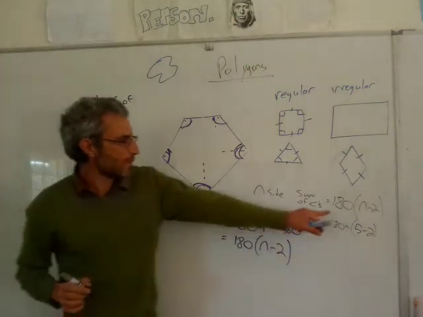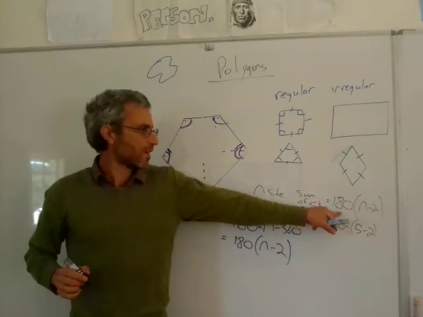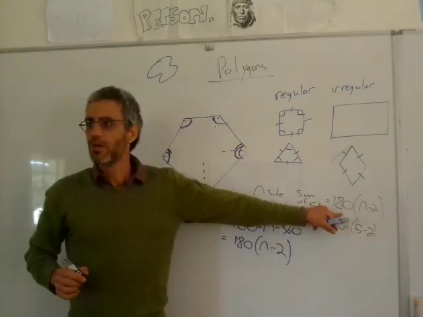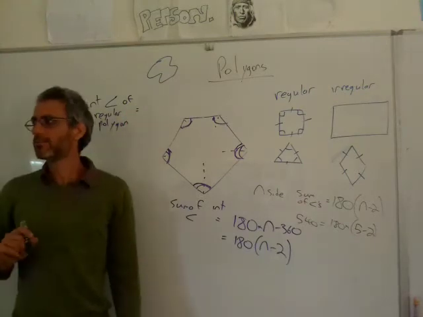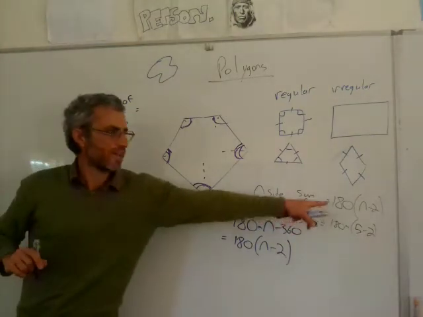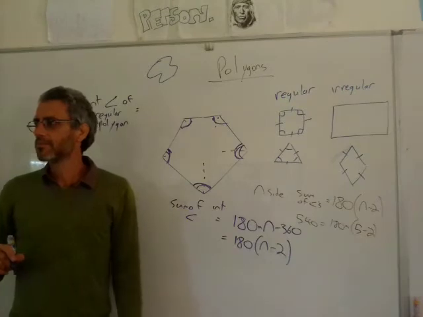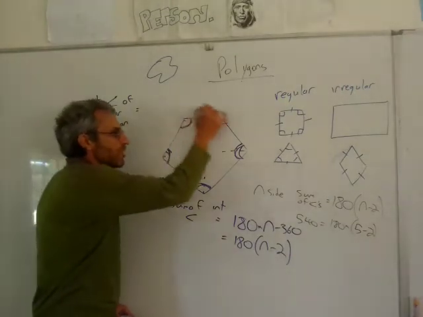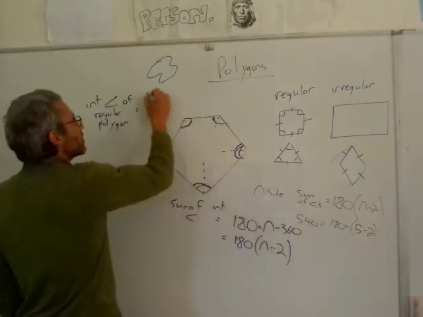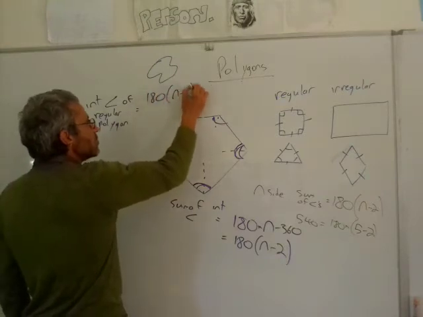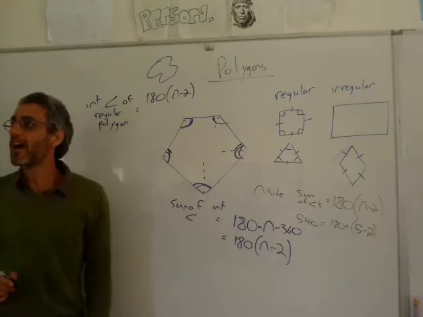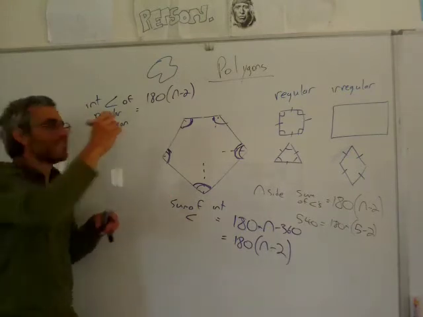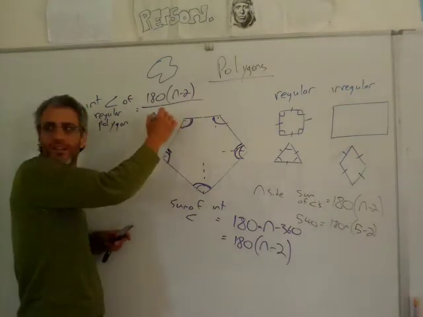I know that the sum of all the angles together is 180 times (n minus 2). What expression could be for one angle? If the sum of all these angles together is 180 times (n minus 2), I want to find out just one angle. For this one it is 5, but if it's an n-sided polygon, what do I divide it by? n.